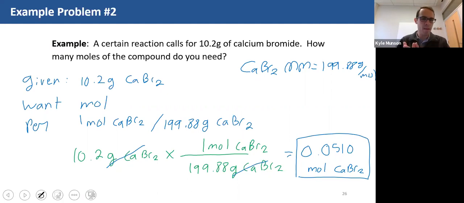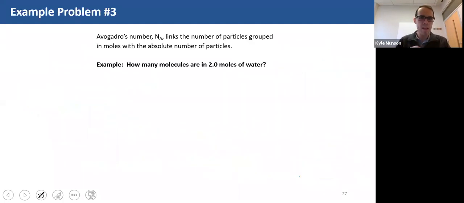All right, so here we go. Now, like we said in slide 2, Avogadro's number links the number of particles grouped in moles with the absolute number of particles. So, for example, how many molecules are in 2.0 moles of water?